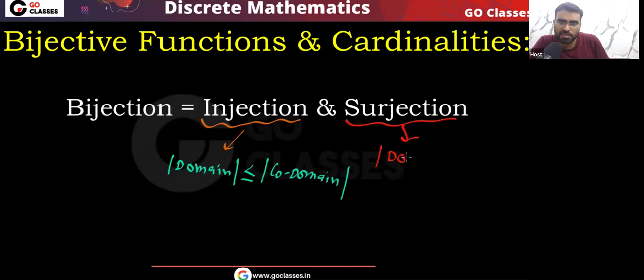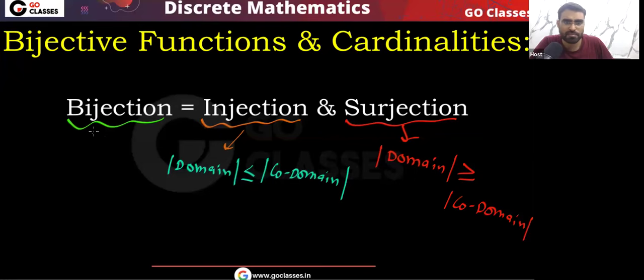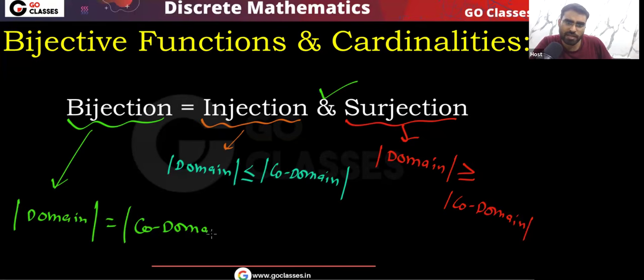Surjection condition is when the domain cardinality is greater than or equal to codomain cardinality. So what will be the condition for bijection? Now what will be the condition for bijection? You include these two, injection and surjection. So the condition will be domain cardinality is equal to codomain cardinality.